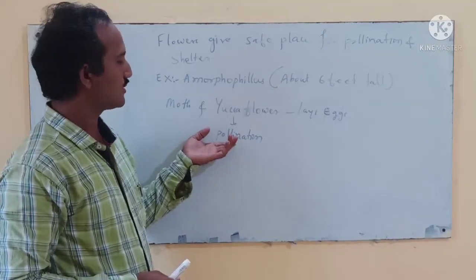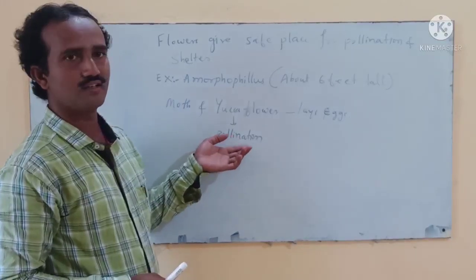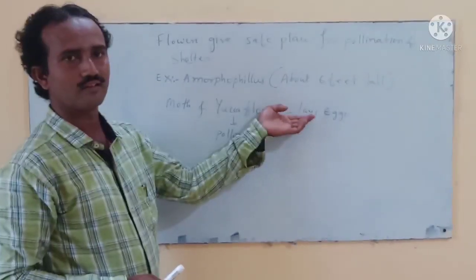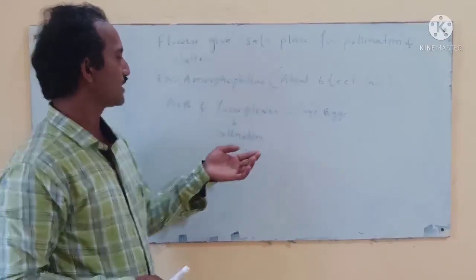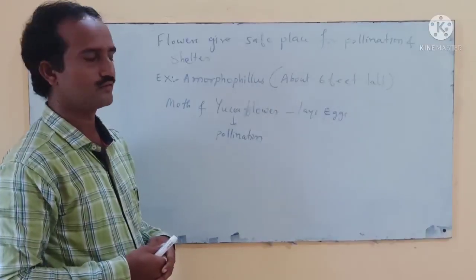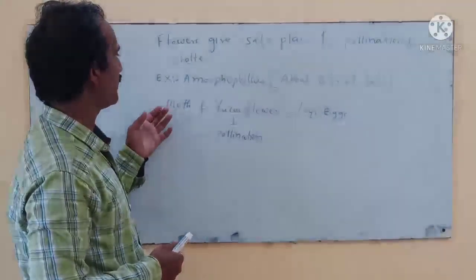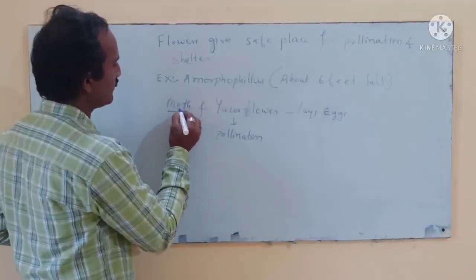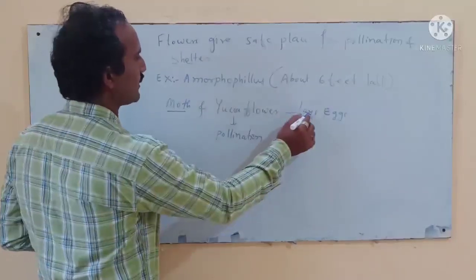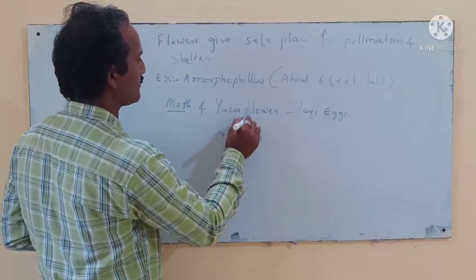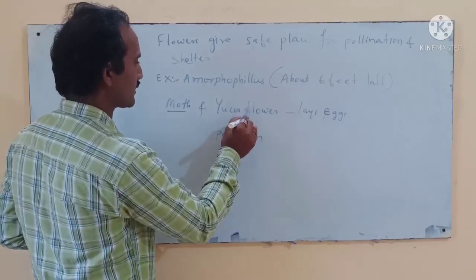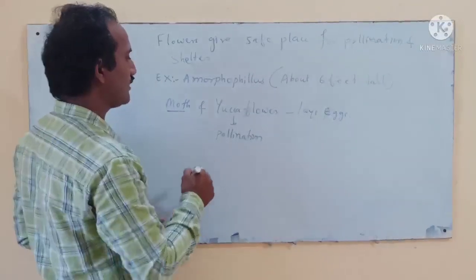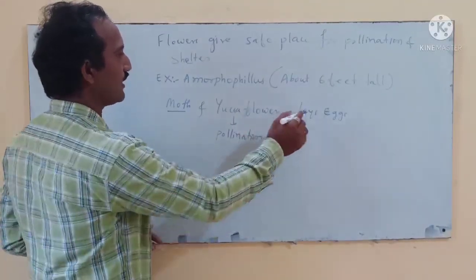The seed germination as well as the hatching of the laid eggs take place simultaneously. So the moth gets the shelter and the nectar from the yucca flower, and the pollination takes place during the laying of eggs.